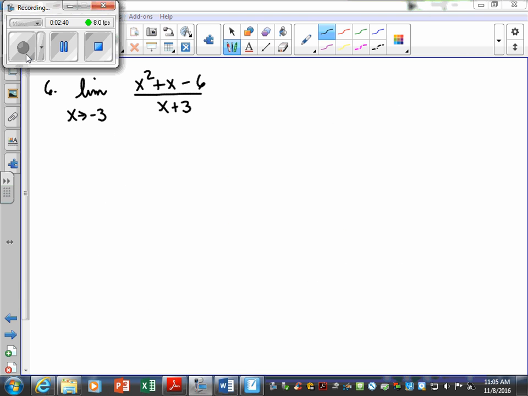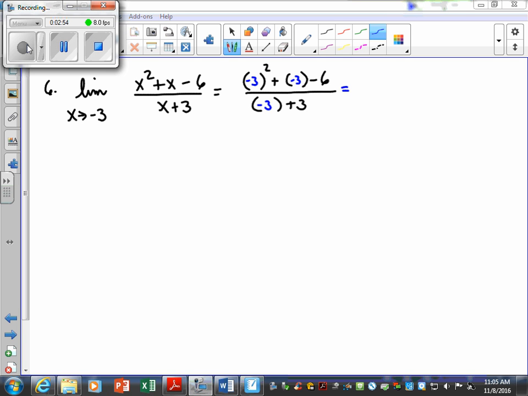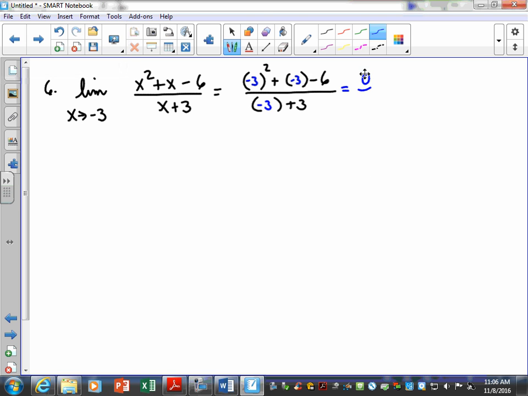Okay, we're evaluating the limit, so we have the limit as x approaches -3, and our functions are a little bit more complex, but let's attempt direct substitution. Our attempt at direct substitution sometimes gives us a meaningless fraction in the form of, what do we get here? 0 over 0, and that is called an indeterminate form.